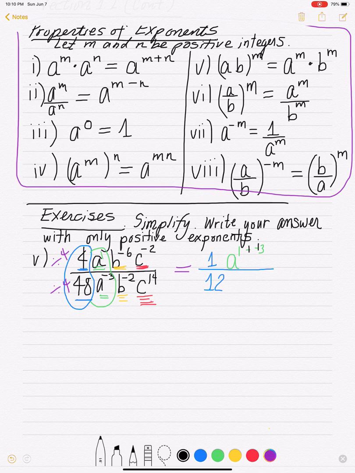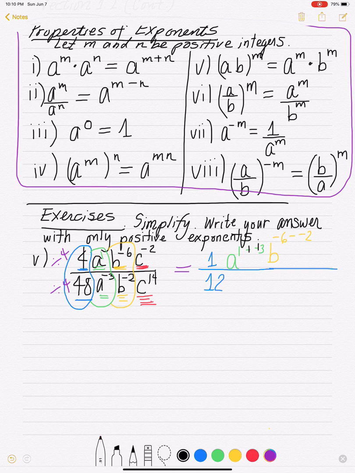All right, now we're going to go to the b components. So I'm going to keep going with this fraction bar. I'm going to write down a b. I'm going to write the top exponent, negative 6, minus the bottom exponent, so minus negative 2. So we got negative 6 minus negative 2.